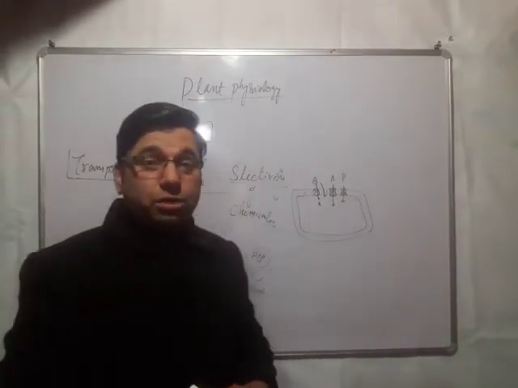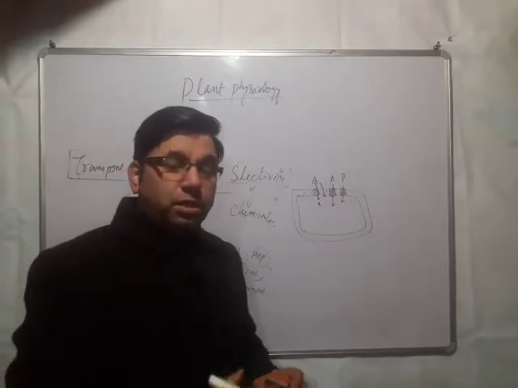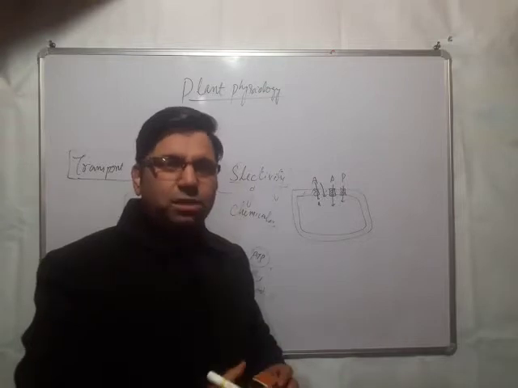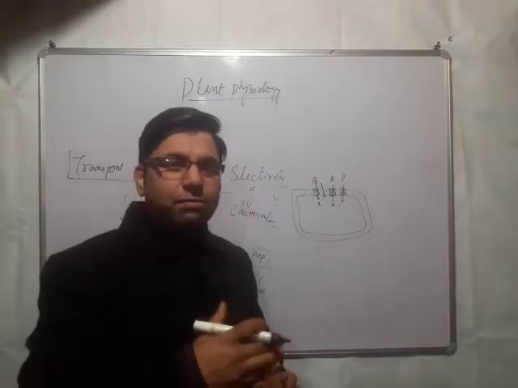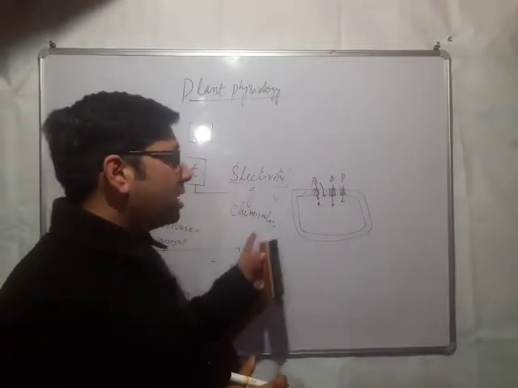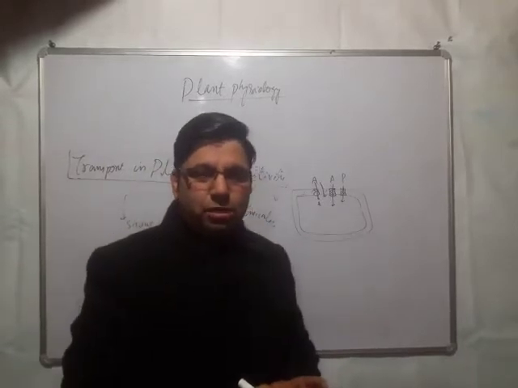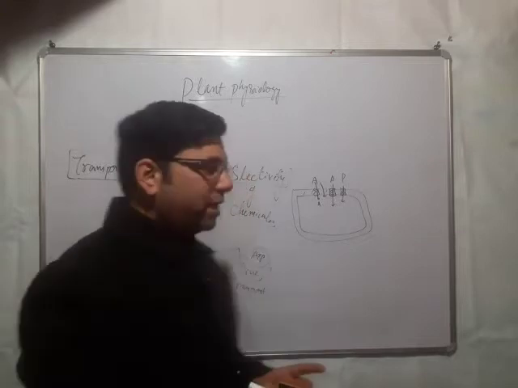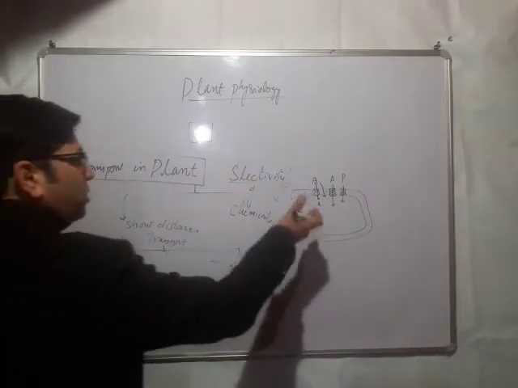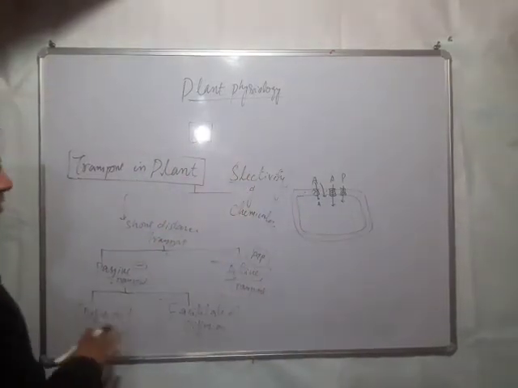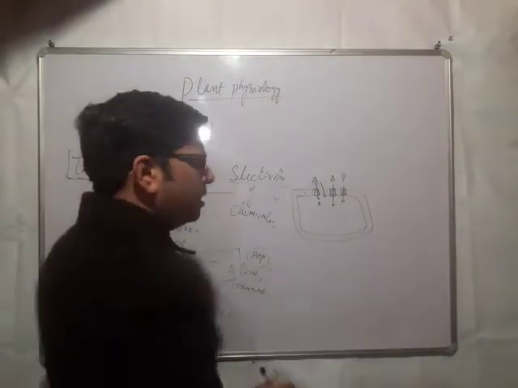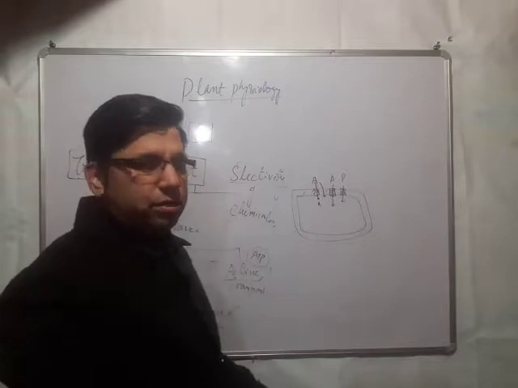If we try to understand this more deeply, this is what is called evolution in transportation in plants. Plant life starts evolving more. That means adaptation comes into play, and this is molecular adaptation. In diffusion there was no selectivity, it was simple diffusion. In facilitated diffusion, selectivity occurs because of different proteins.